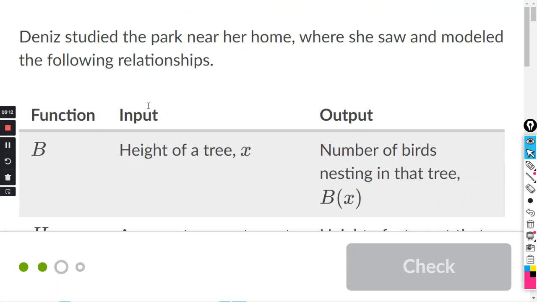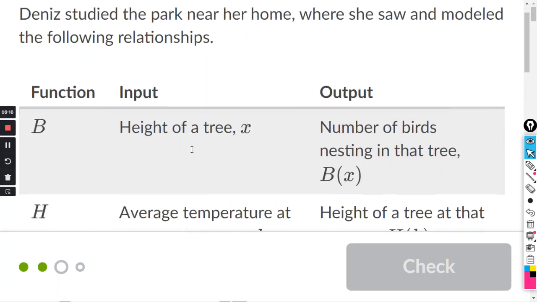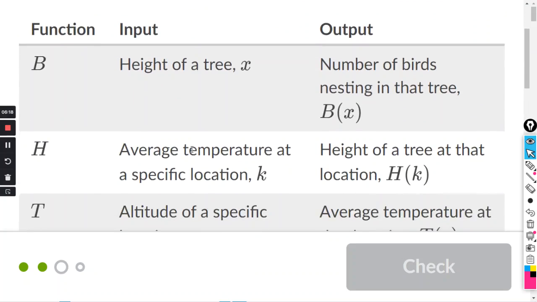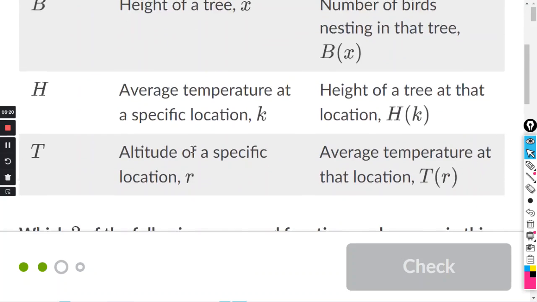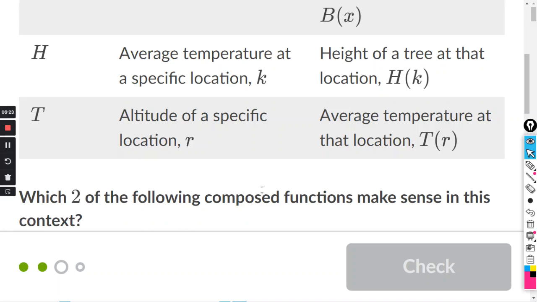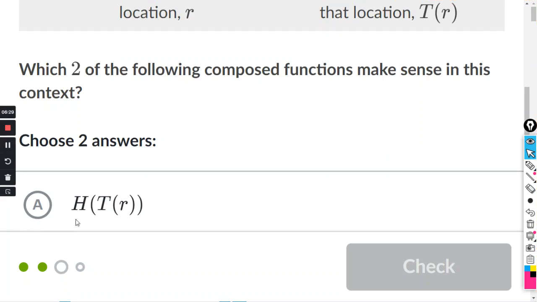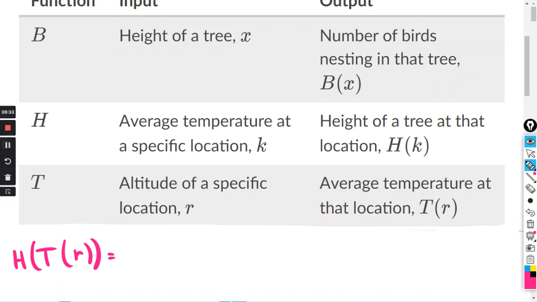Okay, Denise studied the park near her home where she saw and modeled the following relationships. All right, we have B, H, and T. Which two of the following composed functions make sense in this context? All right, let's see. H of T of R, let's see if that works. H would give us the height of the tree.